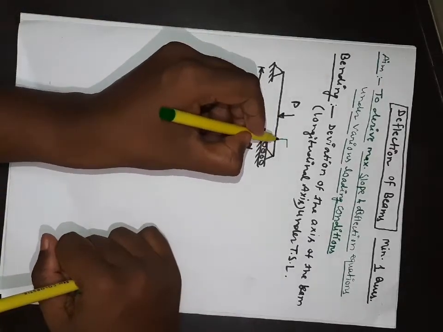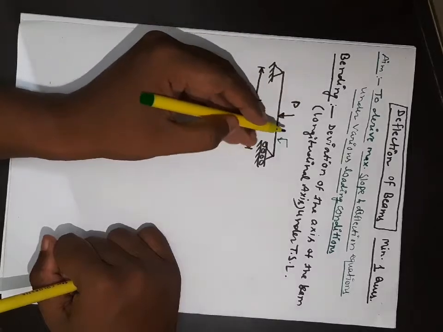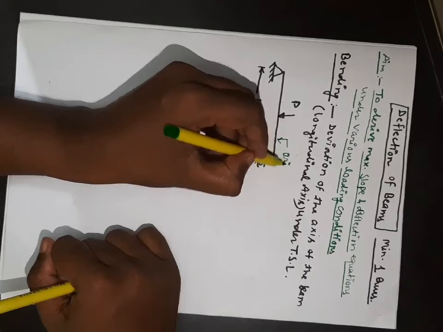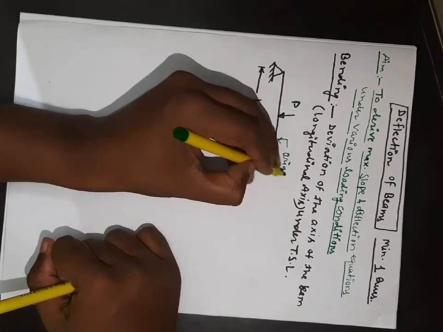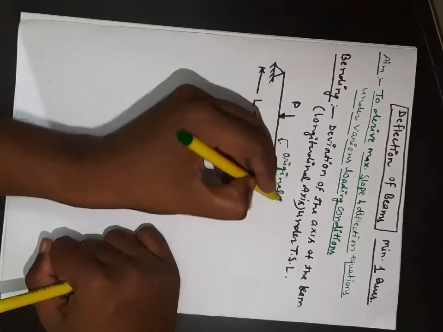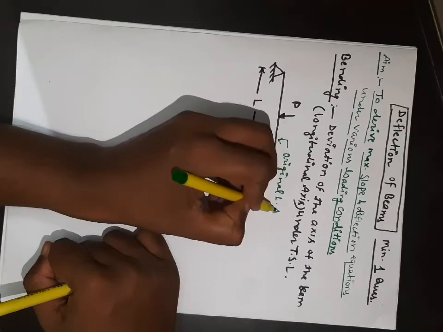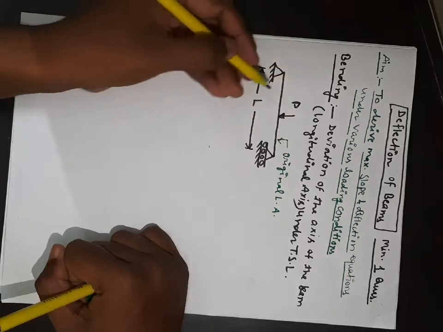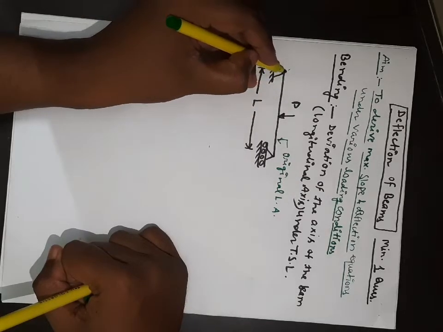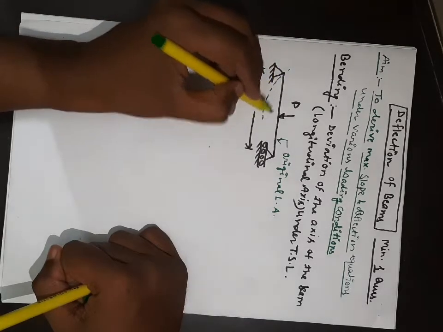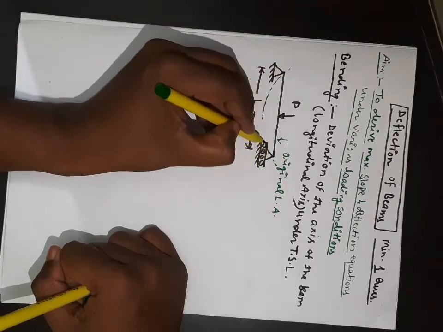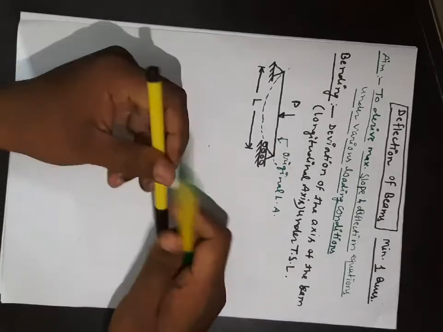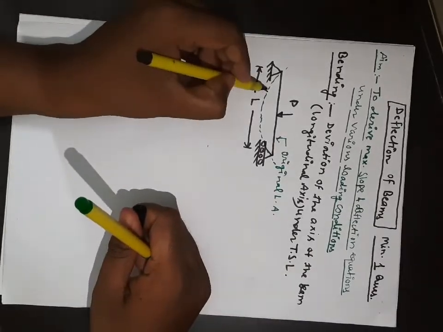This is the original longitudinal axis. If I apply a force of magnitude P, this axis will deviate like this, like this, like this.